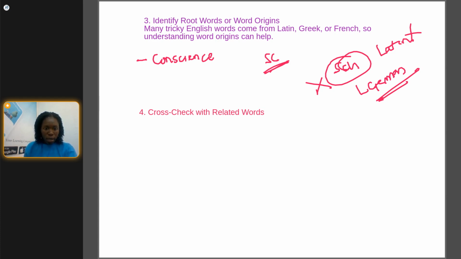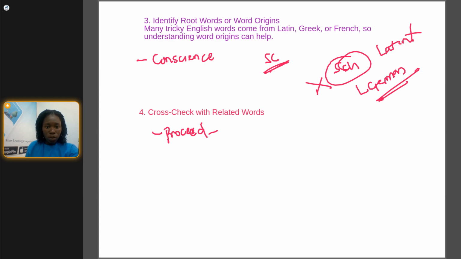Okay. So when you see a word like proceed, and you are trying to get the correct spelling for the word proceed, or you are asked to choose the appropriate word for proceed, now you just need to think of a word that's familiar to it, maybe process.